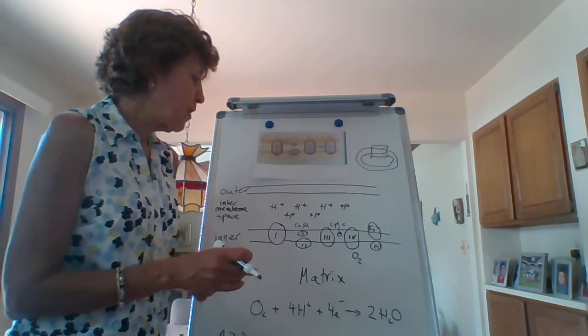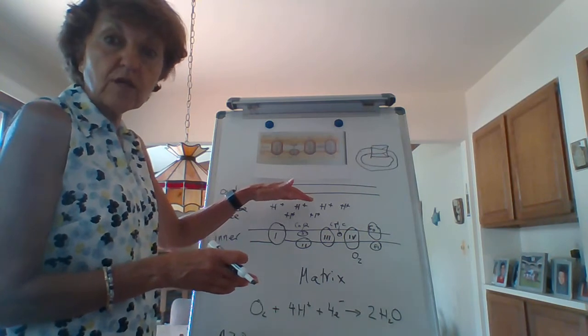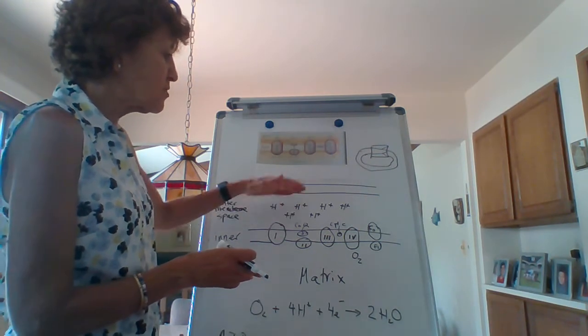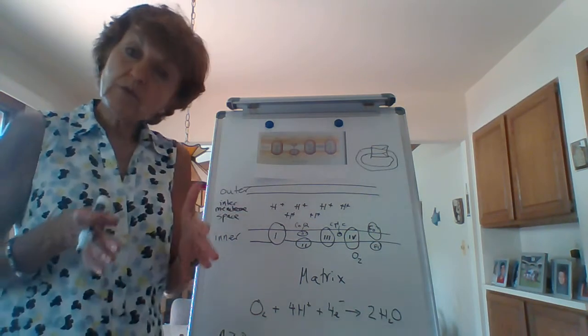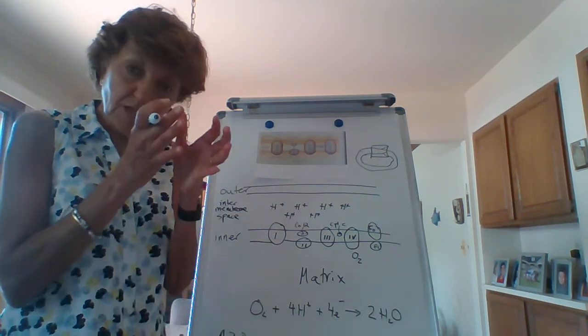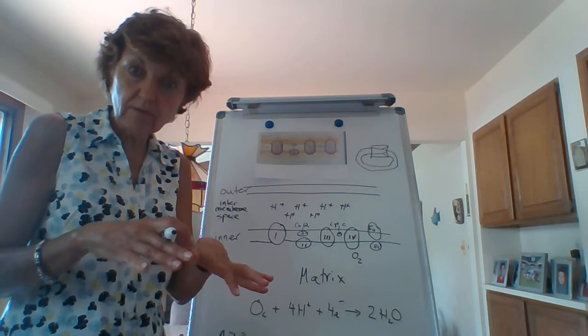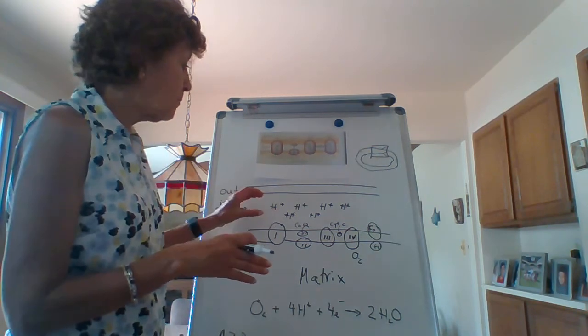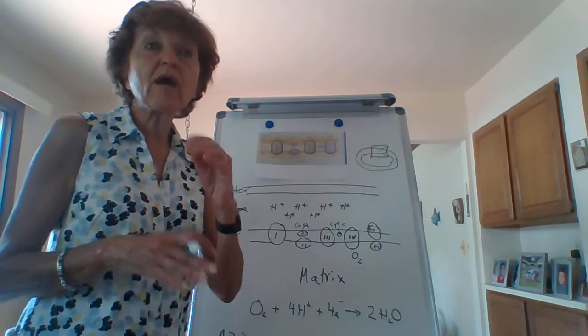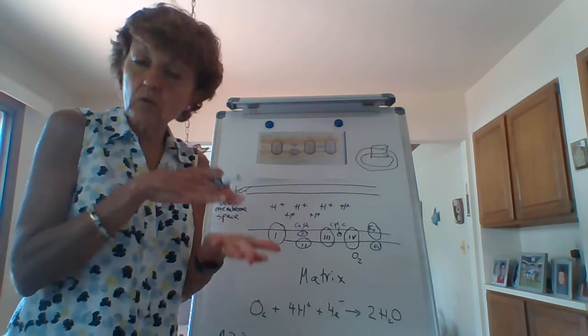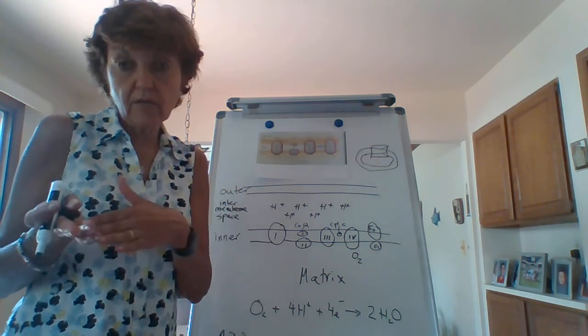Okay, now what becomes of all these hydrogen ions? All these hydrogen ions start to accumulate, accumulate, accumulate. What happens when you have a lot of hydrogen ions in a specific location? The pH goes down. Right. Now, the term gradient means that you have more of something on one side of a membrane than on the other side.